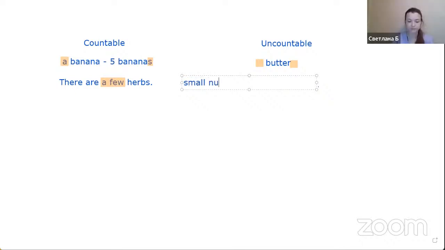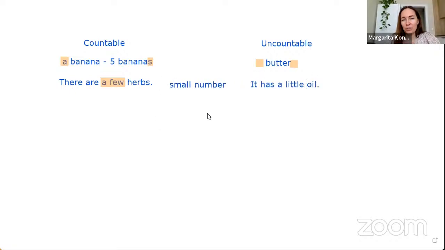Yes, and it is for uncountable nouns. A little we use with uncountable nouns. So a few and a little, they are the same, but for different kinds of nouns. And how can I say when I want to say that there is a big number?